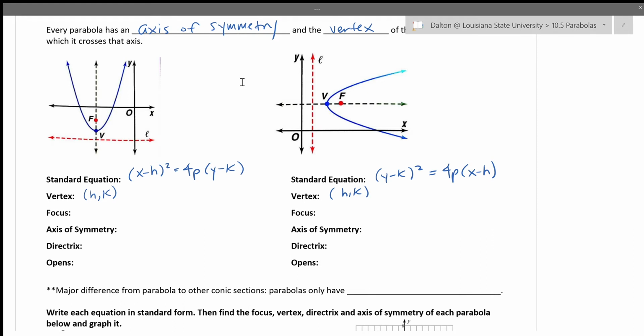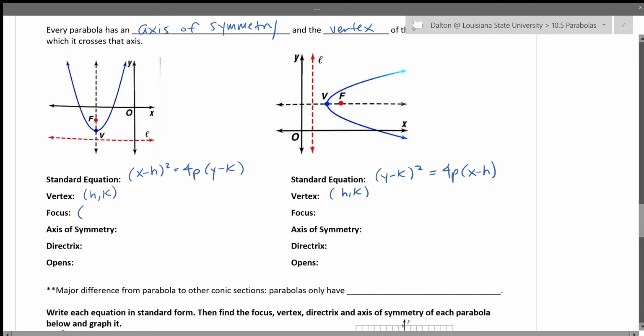They're going to share the x coordinate when they're vertical like this. Very good. So our focus starts off with the coordinate h, and the different y coordinate is going to be k plus p. When our orientation is flipped to the side, the focus is going to share the same y coordinate, so our new x coordinate will be h plus p, comma k.